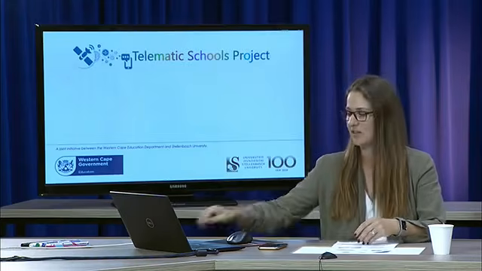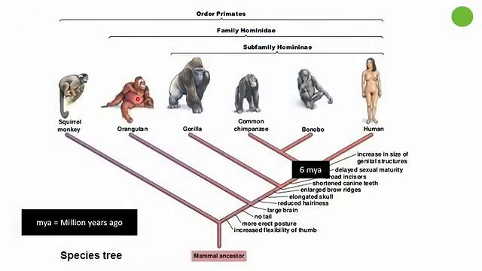Right, so let's dig into our very first PowerPoint presentation. This slide in front of us indicates our cladogram. At the bottom we have our mammalian ancestor, our common ancestor to all of the apes that we have here at the top.